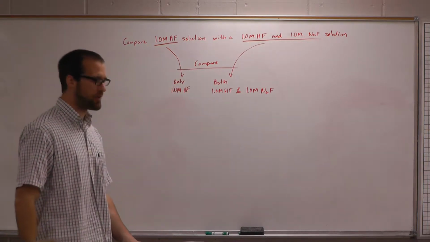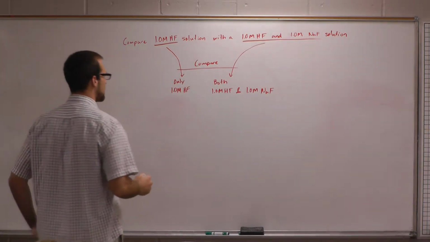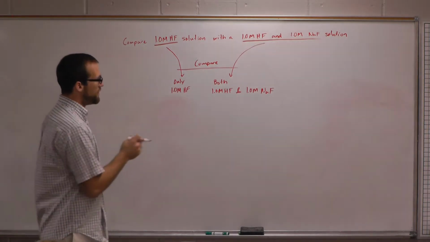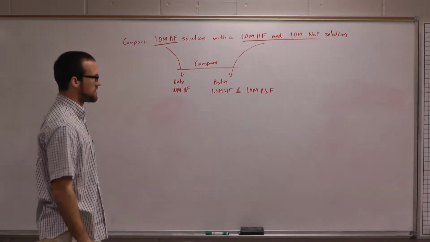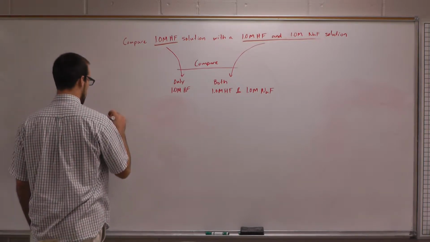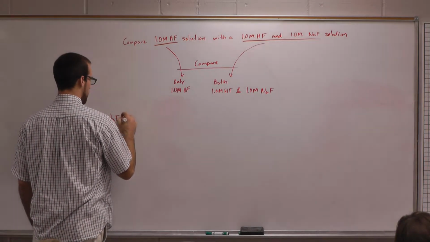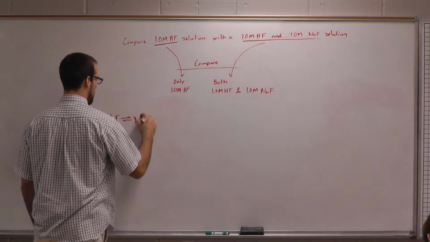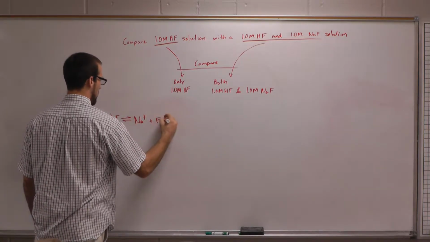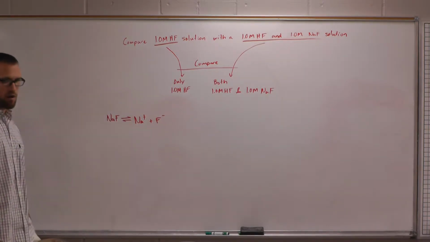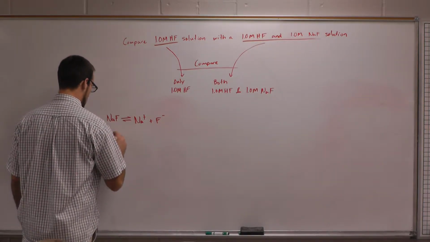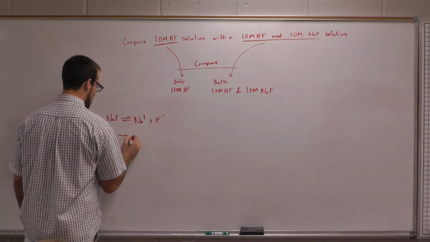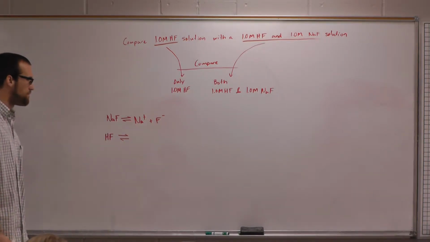Now we're going to predict what Le Chatelier's principle is going to do. First off, let's write the equation for both of these. That is ionic, so what do we know all ionic guys do? They dissociate completely. So we have that from our salt. And we know that this is a weak acid.